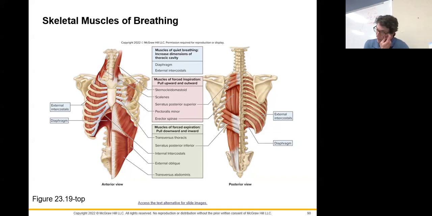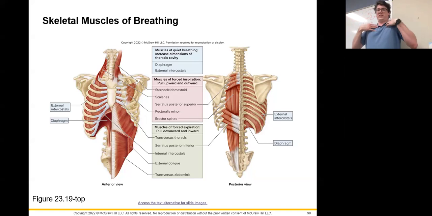Okay, now I want everybody to take a big, deep breath. Pull in as much air as you possibly can. Notice that you have other muscles moving. What are you doing? You're pulling up on your rib cage. Your sternocleidomastoids are pulling up. We have our scalene muscles, which are back here, pulling up, trying to elevate your rib cage.